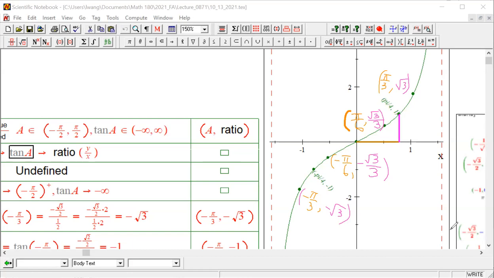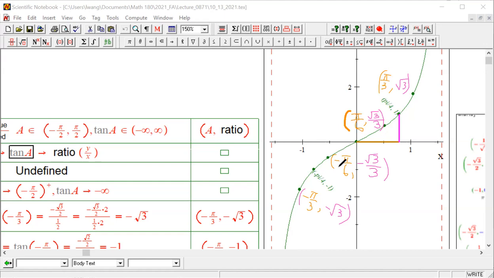Okay, so this is the tangent curve on that piece between negative pi over 2 to pi over 2. Domain between negative pi over 2 to pi over 2. Tangent, the range is from negative infinity to positive infinity. This function is 1 to 1, and you see the points.